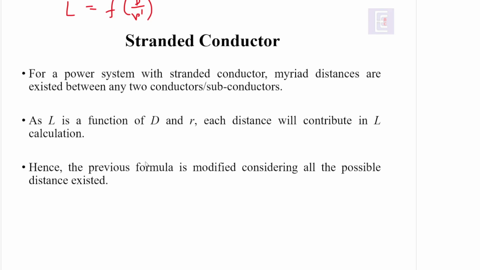For a power system with stranded conductors, lots of distances are available, between two conductors or between two subconductors. As it is a function of d and r, each distance will contribute to the L calculation.